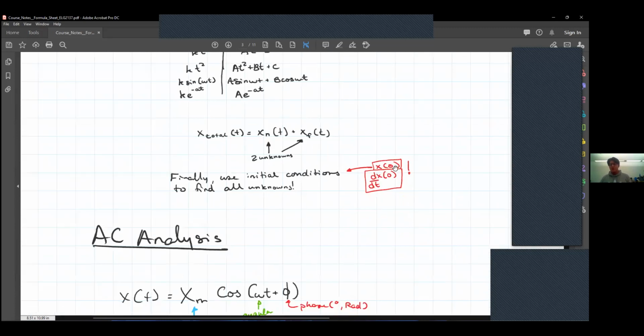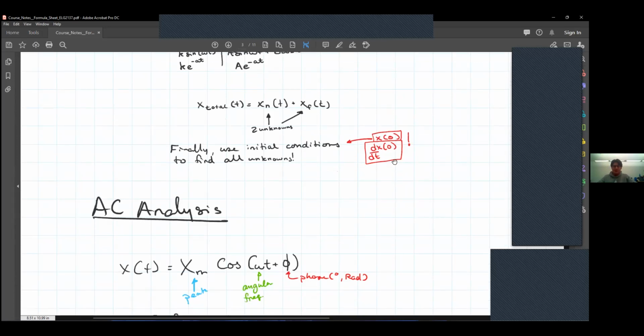Your initial conditions are usually going to be in the form of voltage at t equals 0 equals, or d of voltage at t equals 0 equals something. It's usually given at the top of the question, or something you can find from the base circuit. And using that, you can find all of your unknowns and then solve for the complete response.